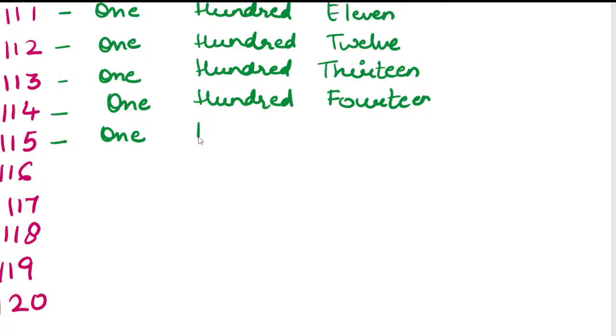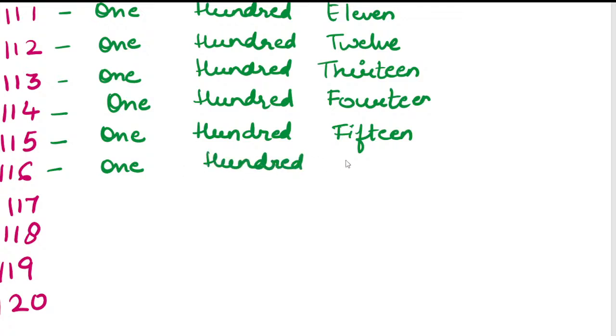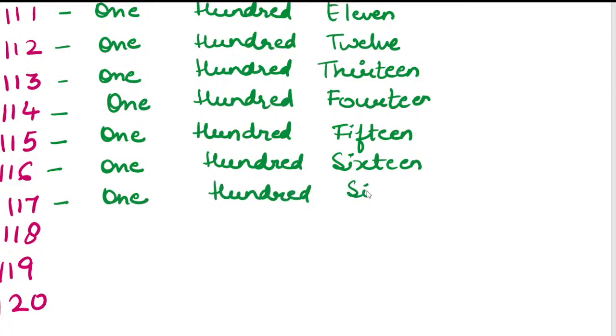Now 115: ONE HUNDRED 100, 15 FIFTEEN. Now 116: ONE HUNDRED 100, 16 SIXTEEN. Now 117: ONE HUNDRED 100, 17 SEVENTEEN.